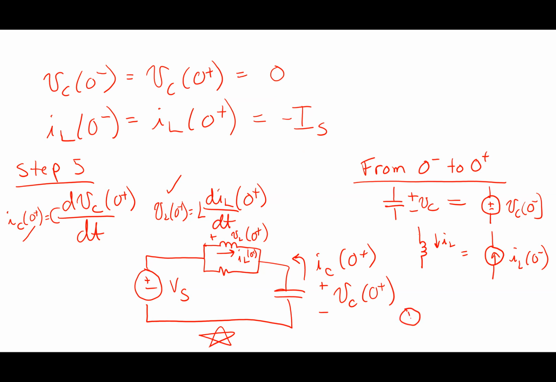Let's see if I can fit it here. This is V sub S. The inductor becomes a current source going in this direction. I could have also drawn it as a current source going the other way with a value of negative I sub S. But I drew it this way.